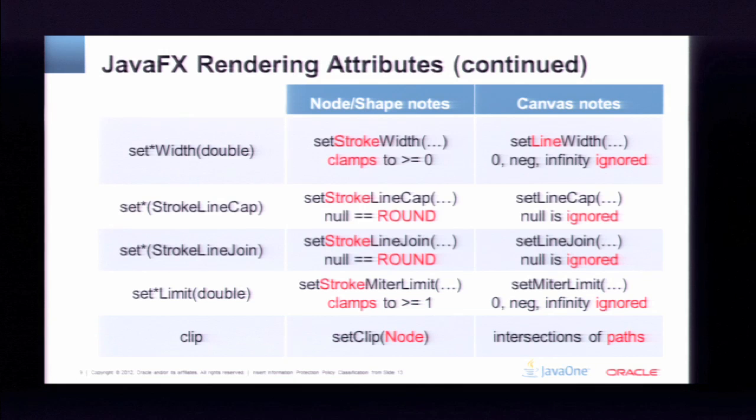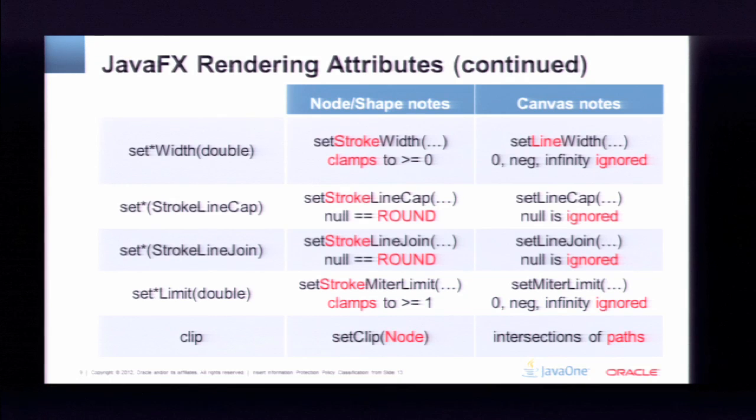And similarly, shape will default if you set a null for the line cap and the line join, whereas we simply ignore them on Canvas because that was more in line with what HTML5 did. The miter limit just clamps to a useful value on the node, and we ignore the standard values from HTML5.